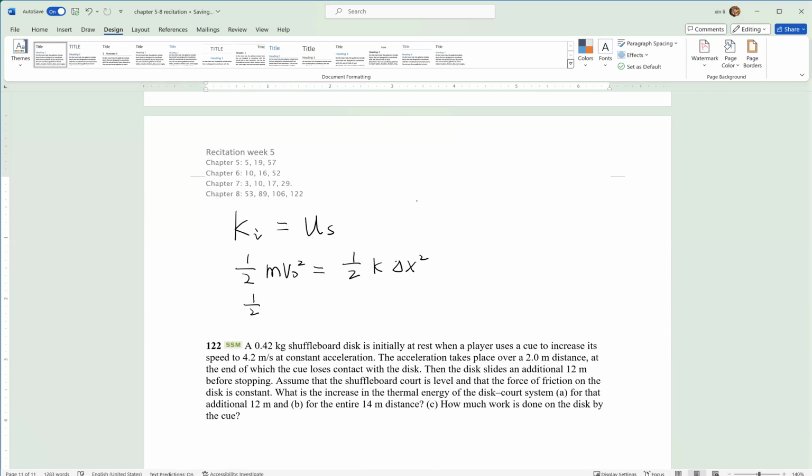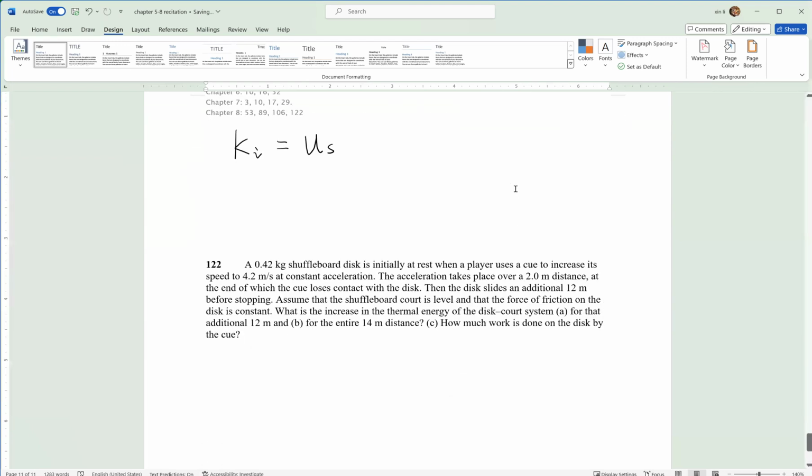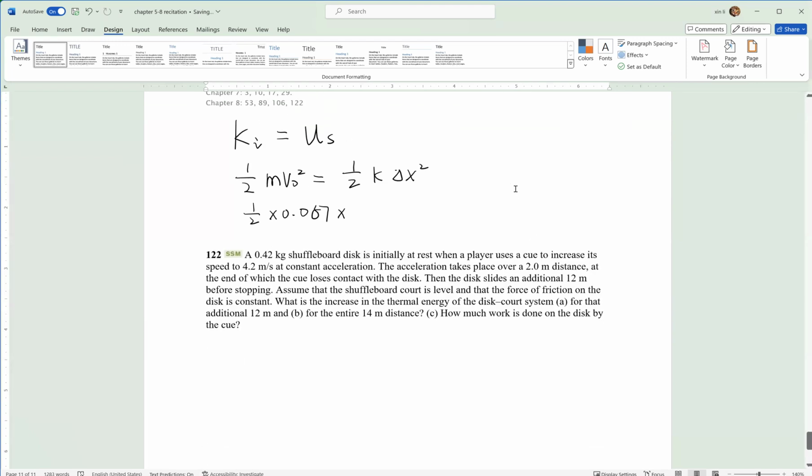And then 1/2 times 0.057 kilogram multiplied by our initial speed, which is 11.98 squared will be equal to 1/2 times 700 times delta x squared.